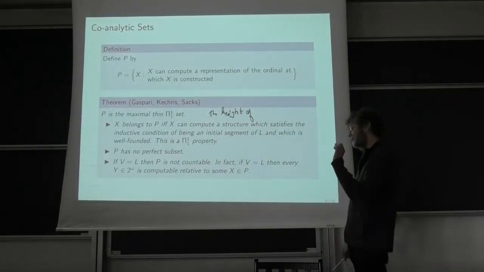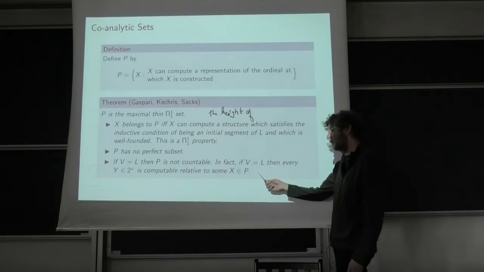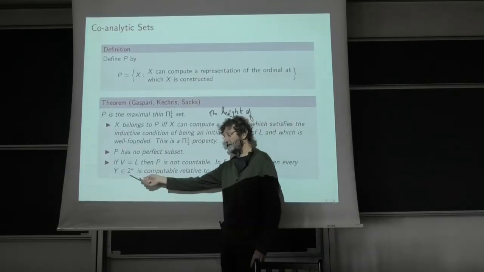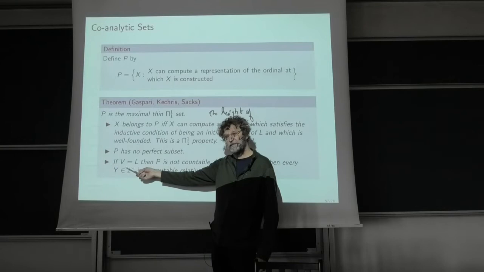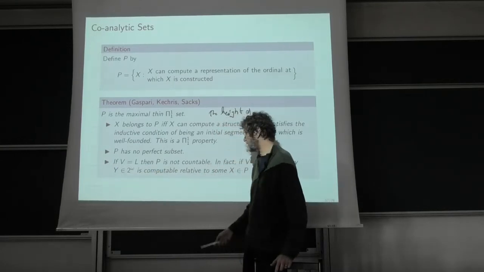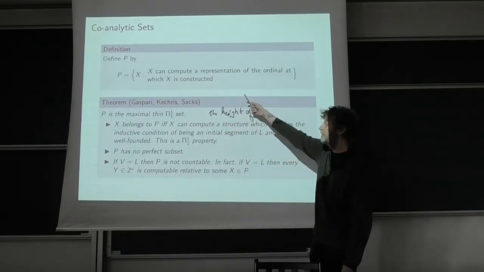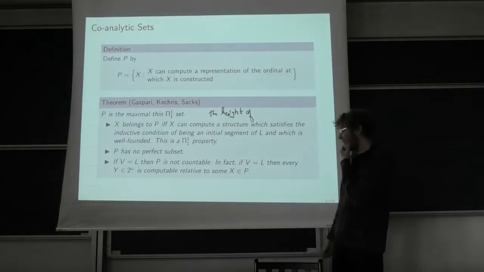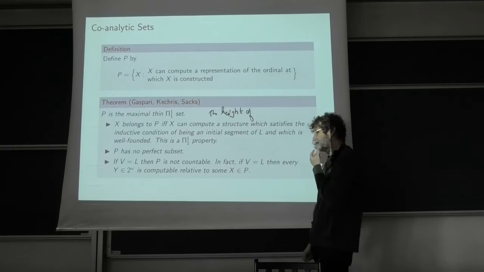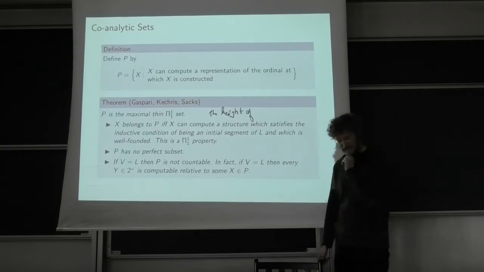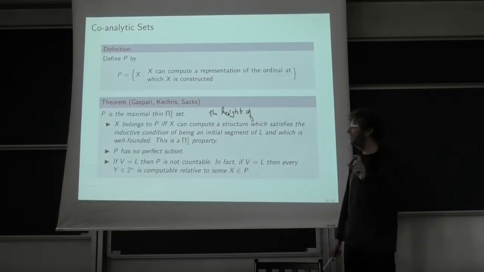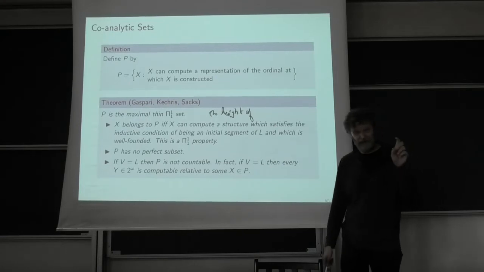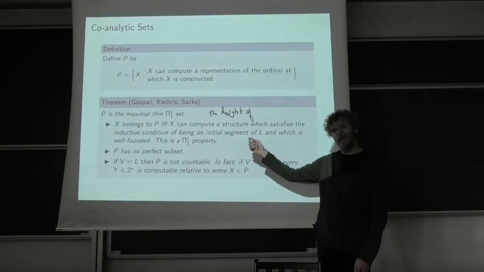And in fact, if every set is constructible, then every element of the Cantor space, every subset of the natural numbers, is computable relative to something in P. This fact is embedded in the detailed analysis of how L works.